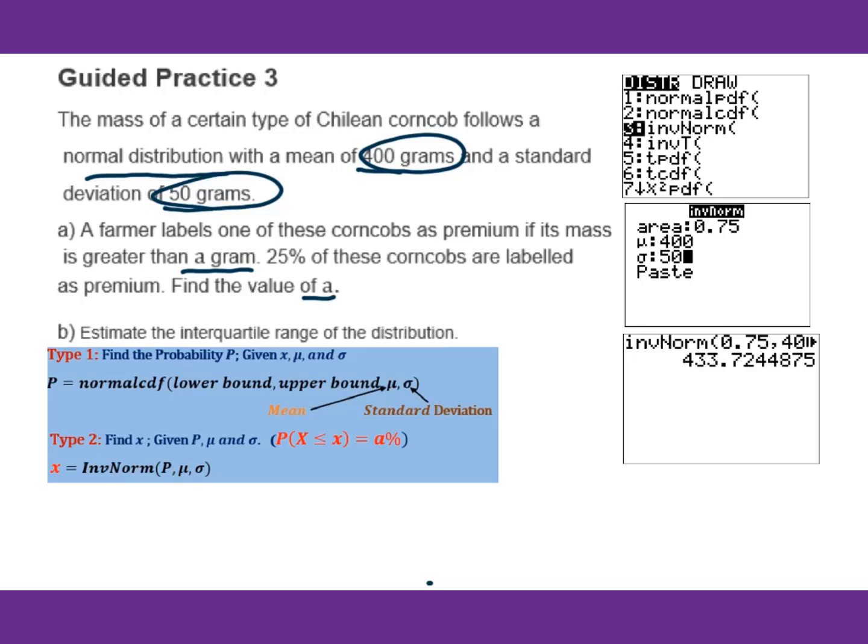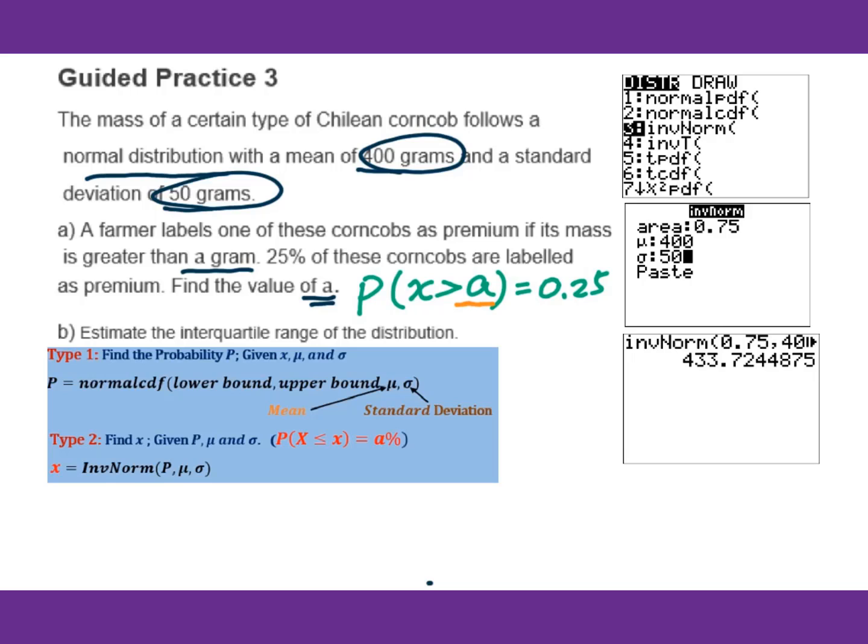Find the value of A, which means I have the probability X greater than A equals 0.25. I'm looking for this A.